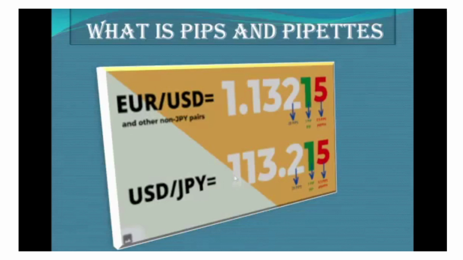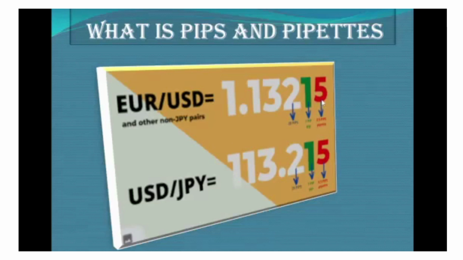The unit of measurement to express the change in value between two currencies is called a pip. If Euro USD moves from 1.13215 to 1.13216, it has moved 1 pip. That is exactly equal to 1 pip.